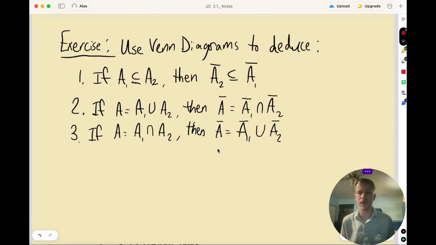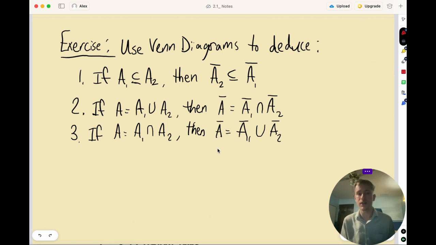All right, so to close everything off, I have a little exercise for you, and feel free to use Venn diagrams or whatever visual aids will help, but go ahead and deduce these following relations. The first one says that if A1 is a subset of A2, then A2 complement is a subset of A1 complement. You might have to shade a little bit for that one.